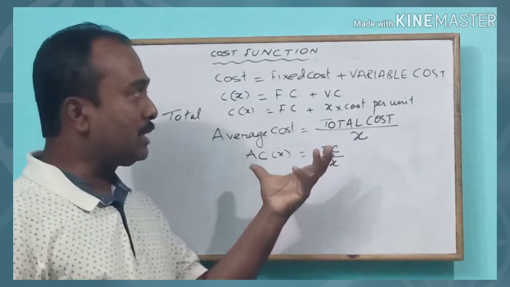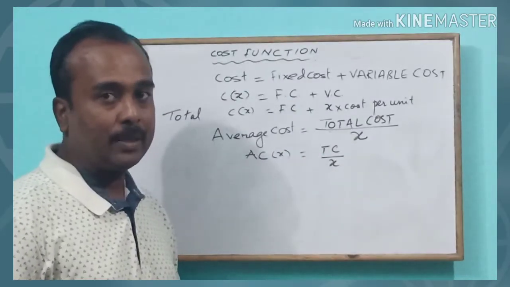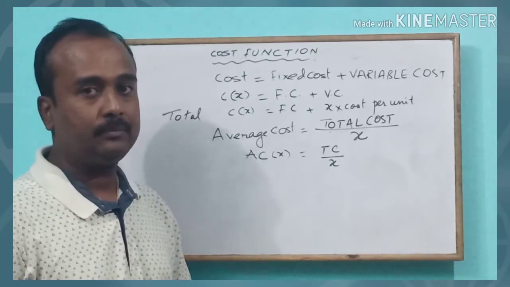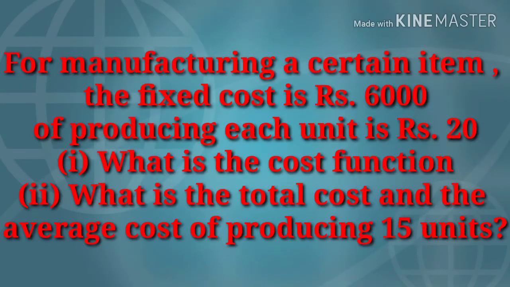So based on this concept, let us understand through an example. Let us see the example. For manufacturing a certain item, the fixed cost is rupees 6,000 and the cost of producing each unit is rupees 20.